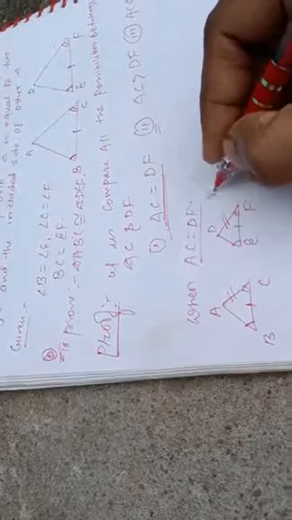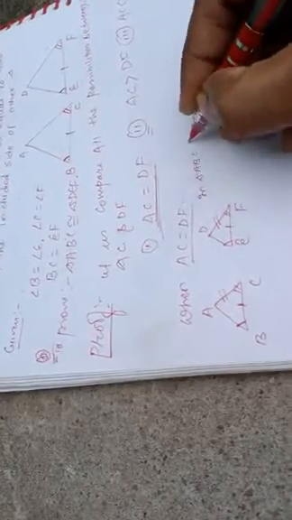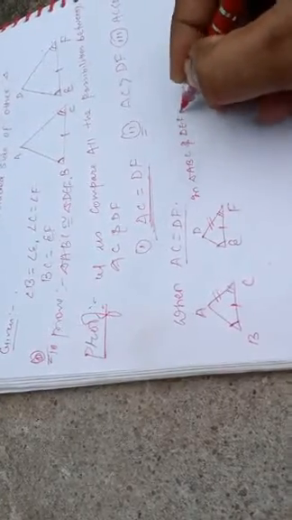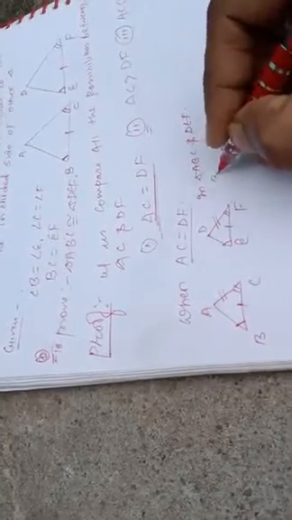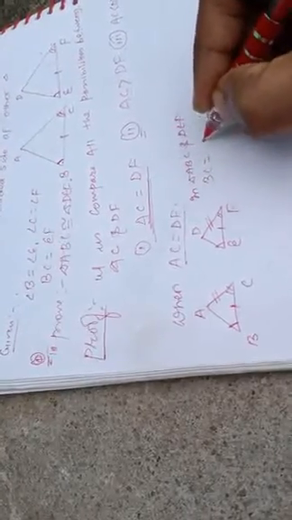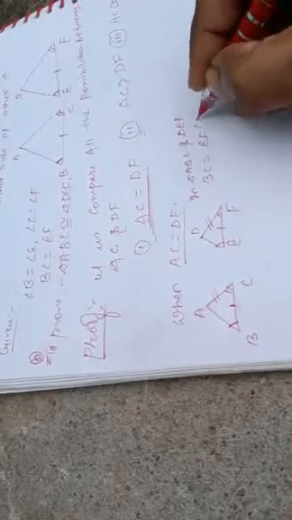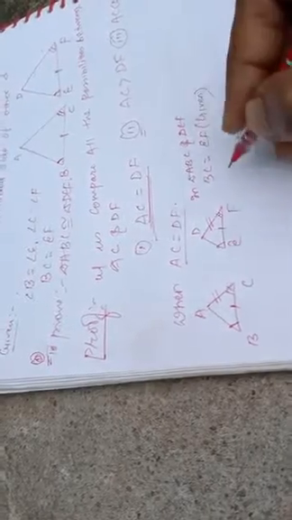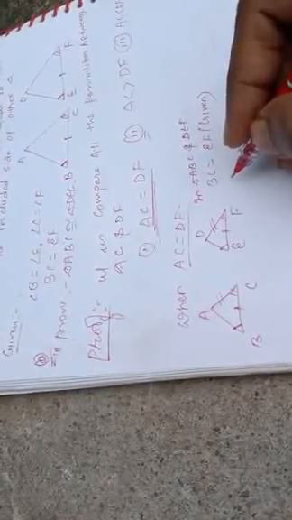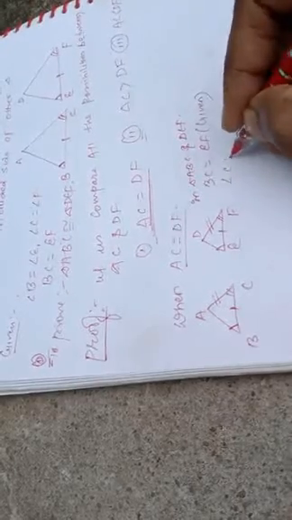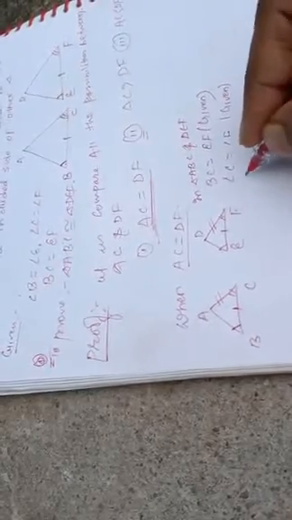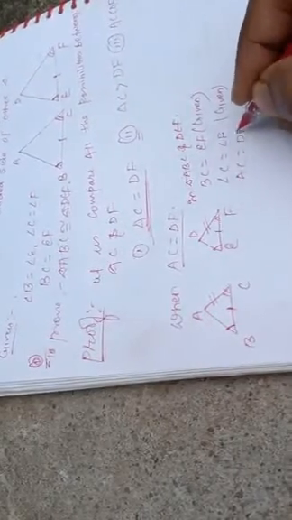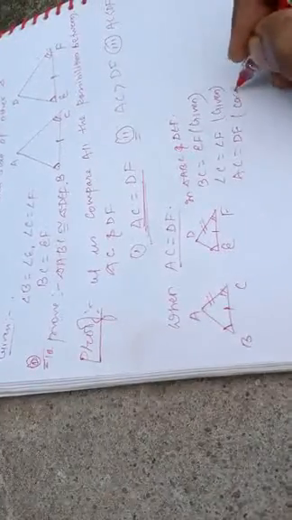So for this, we can say that in triangle ABC and triangle DEF, BC equals EF, it's given to us. Angle C equals angle F, it's also given, and AC equals DF using case 1.